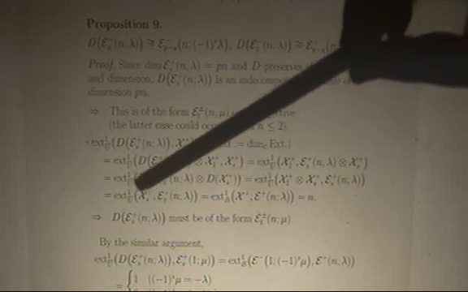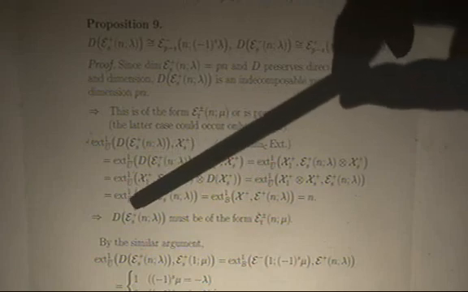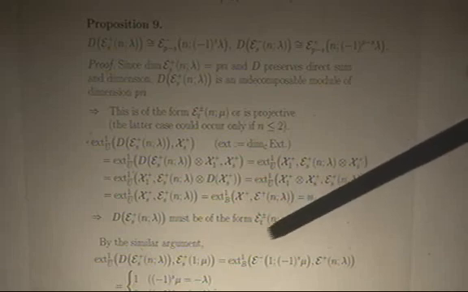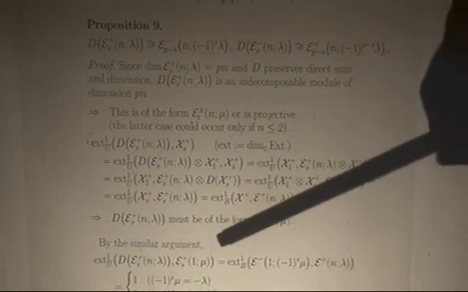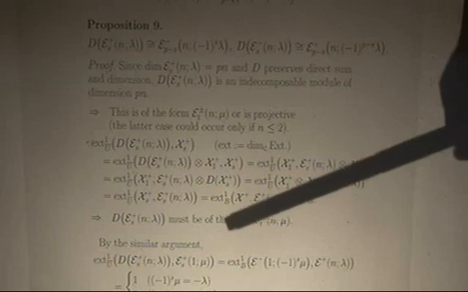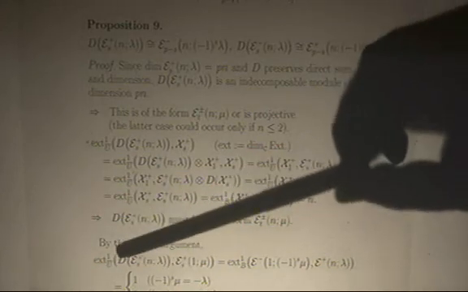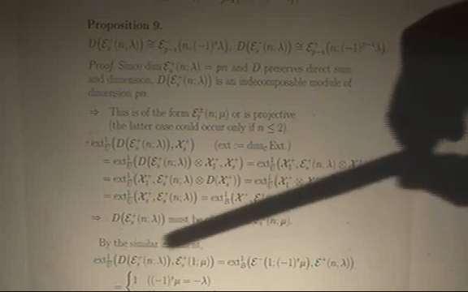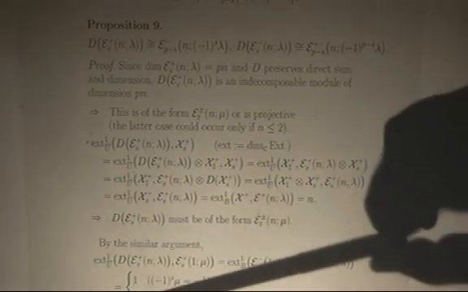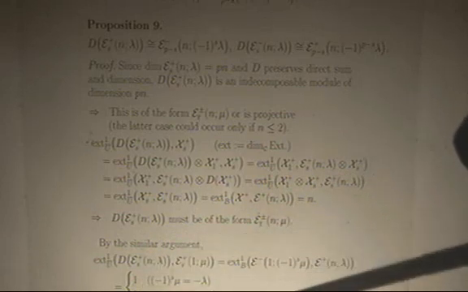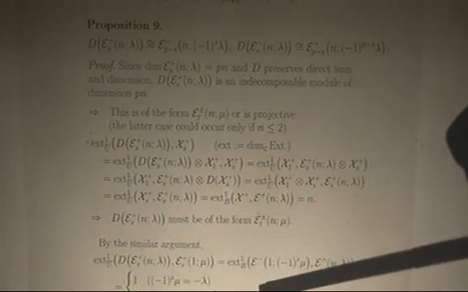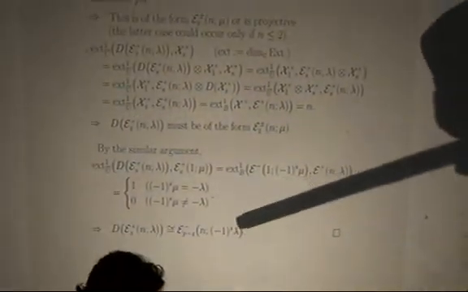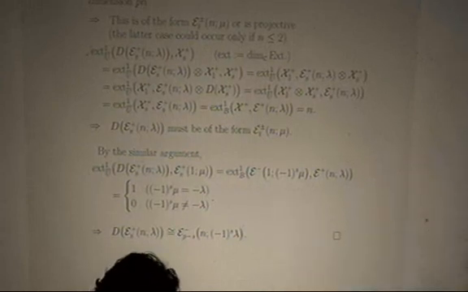So the dual of this one must be of the form in this way. By a similar argument, we also compute x U bar 1, and the map from this one to this one is just equal to 1 or 0. So we have the dual of these isomorphic to these.